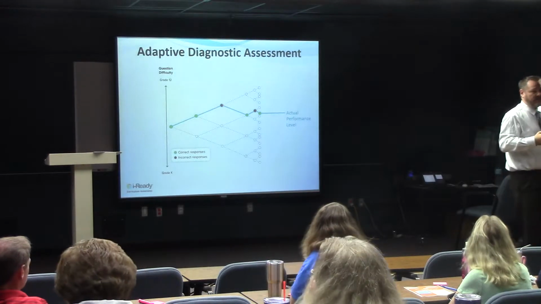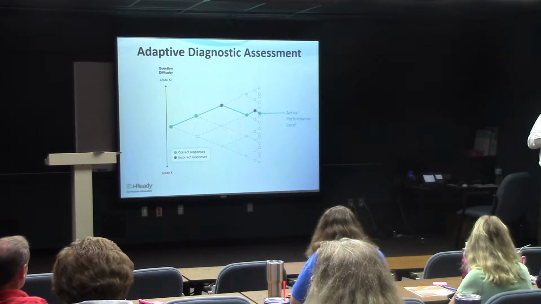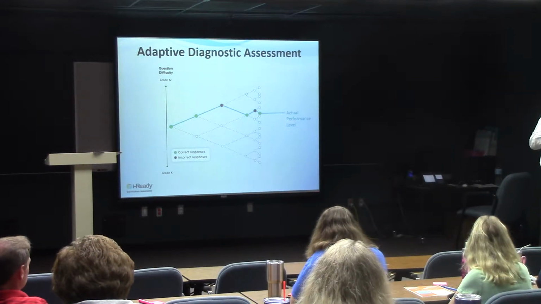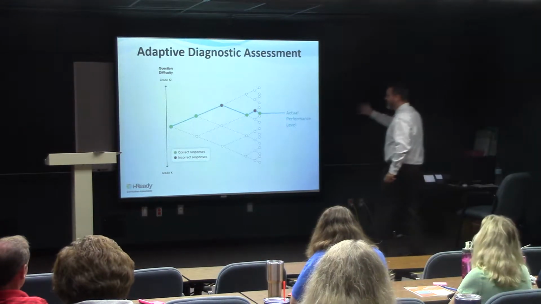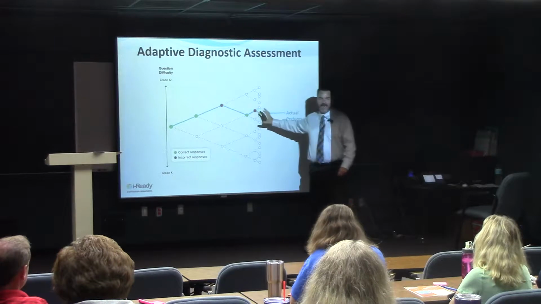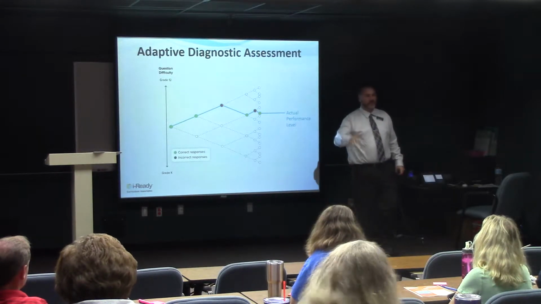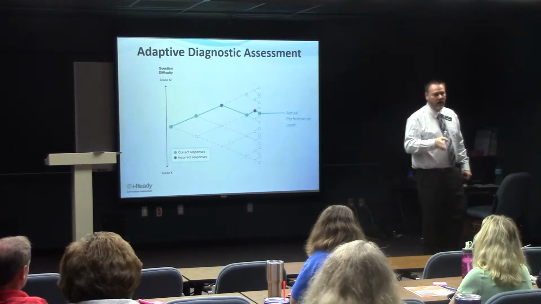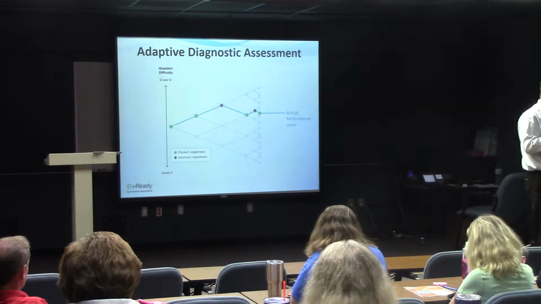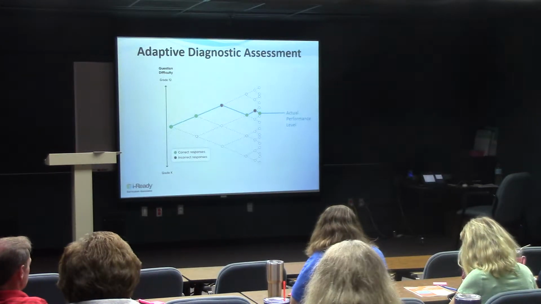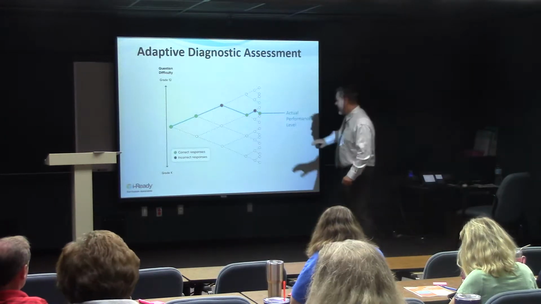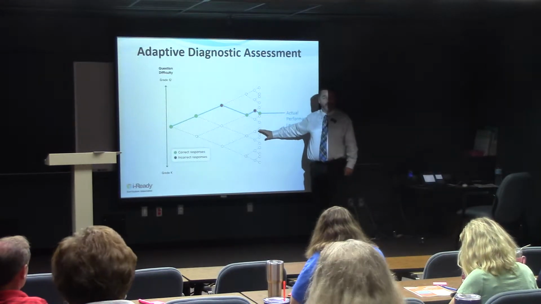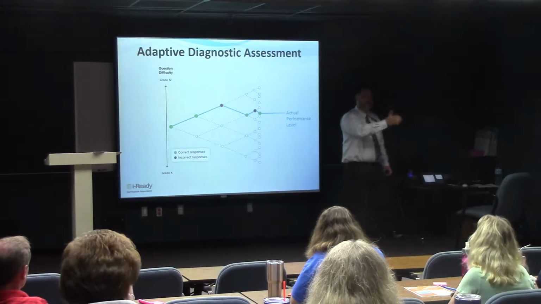What I can say about the adaptive assessment, because I always get that question, well, is it guessing? What is it doing? We have research based on just the diagnostic alone that shows its reliability and its accuracy. We did a study with over 100,000 iReady students across the nation, K-12, and the accuracy is about 0.85 to how they would perform at the end of the year on the math test.